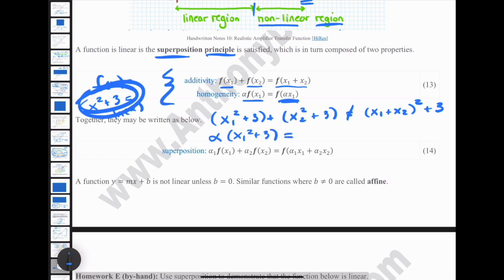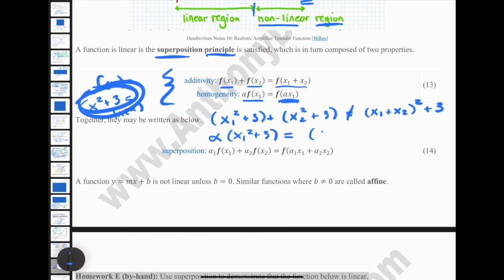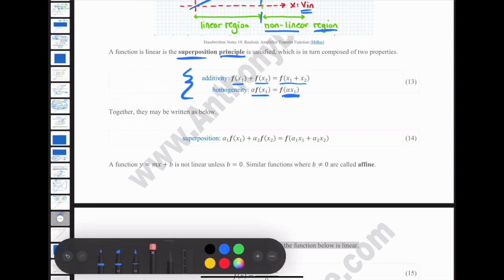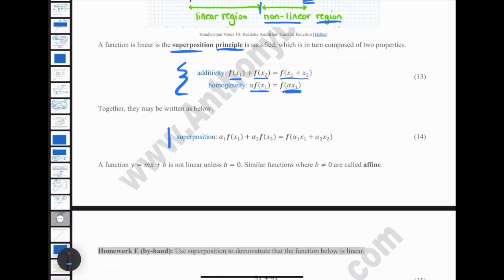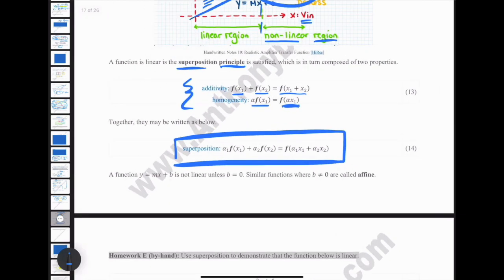Is that the same as alpha x1 squared plus 3? No, it's not. So that doesn't apply. And so, if a function satisfies both additivity and homogeneity, then we can say it satisfies the superposition principle. And the superposition principle is simply a combination of additivity and homogeneity.